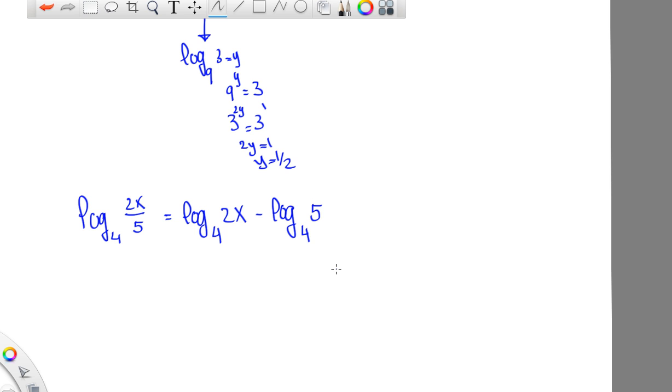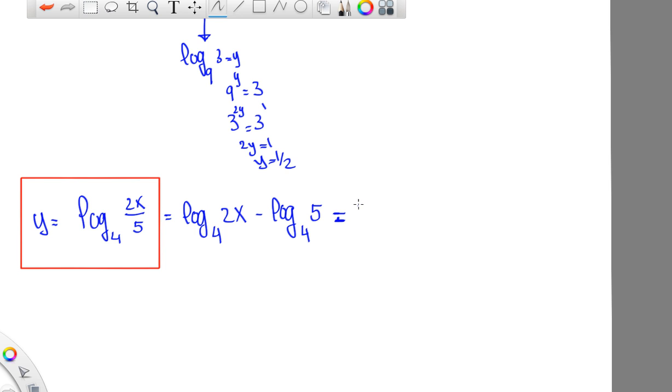And keep in mind that perhaps we actually were given this initially, and I asked you to graph this. So what if I said, hey, graph y equals log 4 of 2x over 5? What would you do? Well, if you split it this way, you can change this one more time. I can use any base here, so let's use the common log.